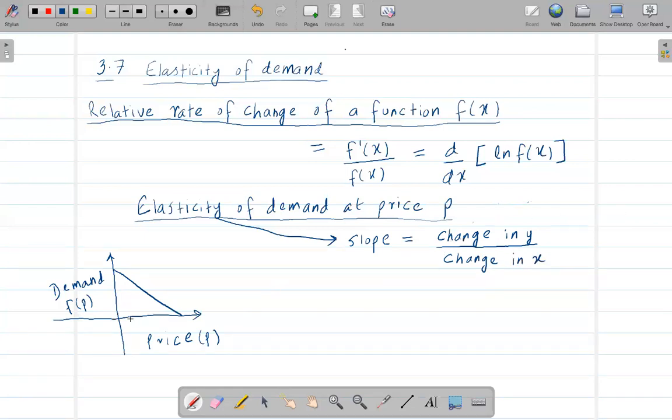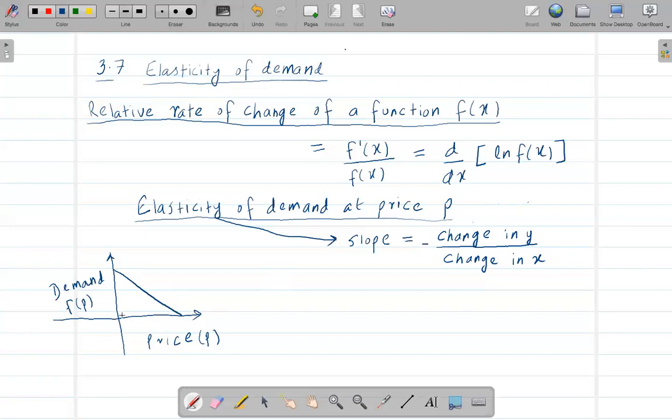But since this line is decreasing when you go from left to right, the slope is always going to be negative. So it has to be some negative number.